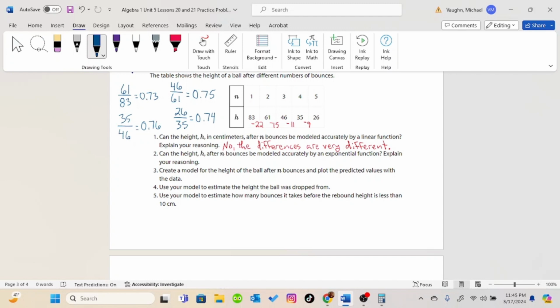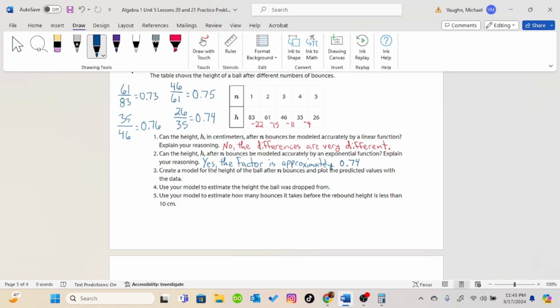So, yes, the factor is approximately 0.74. So now if we wanted to know, it tells us to create a model for the height of the ball. Well, we would need to know where the ball was when it was dropped.